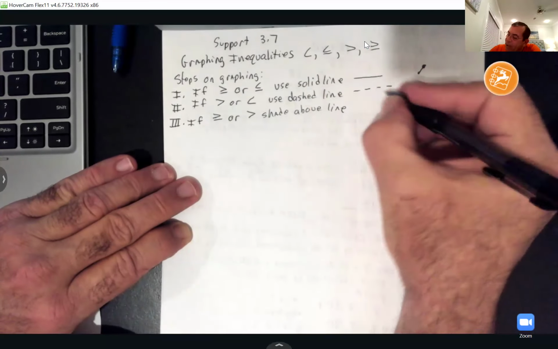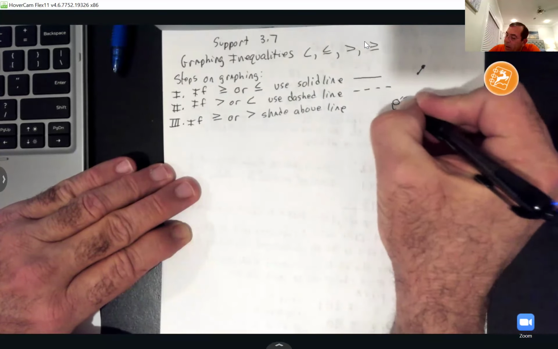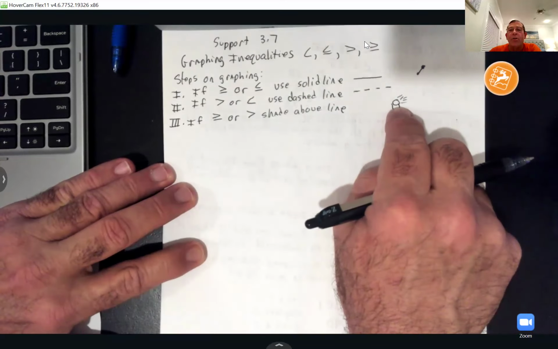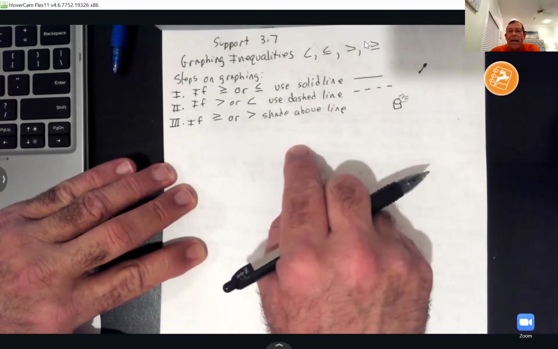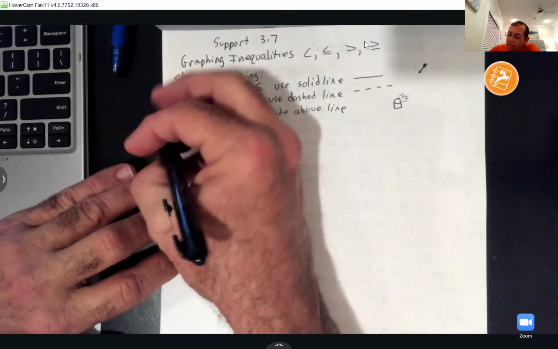Now in MATLAB, when you do the shading part, MATLAB's going to have a paint can, and you drag the paint can over to either the top or below the line and click it, and it'll shade it in for you, okay?